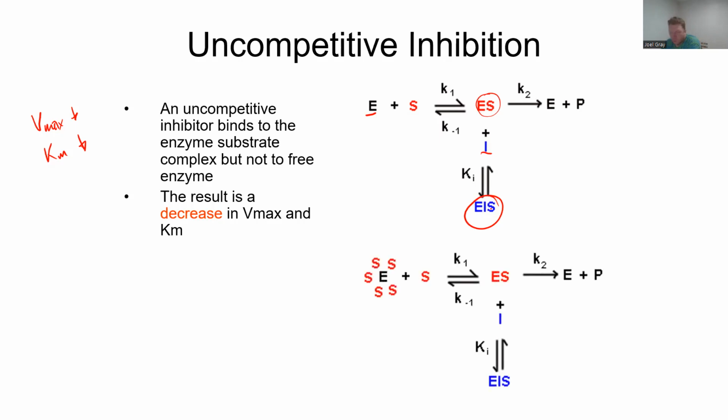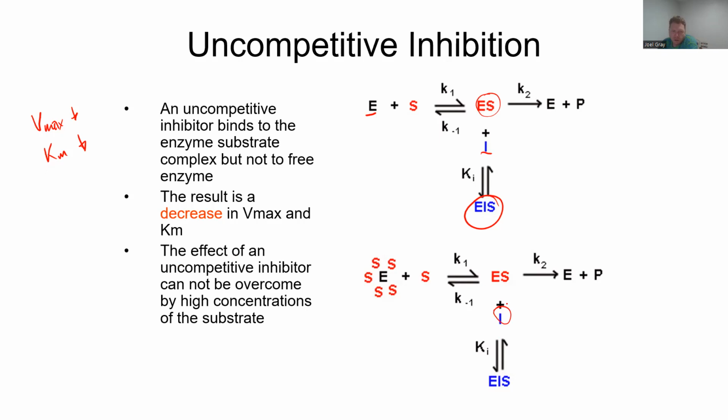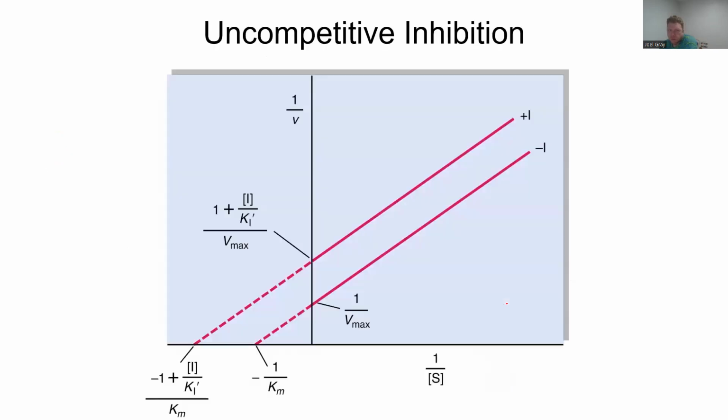Now, when we talked about a competitive inhibitor, if we provided it with more and more substrate, then we were able to outcompete that inhibitor. But here, we want the ES complex, so the substrate is provided, and the substrate binding to our enzyme is not impacted at all by the presence of that uncompetitive inhibitor. The effect of an uncompetitive inhibitor cannot be overcome by excessive concentrations of the substrate, which is what I mentioned a moment ago.